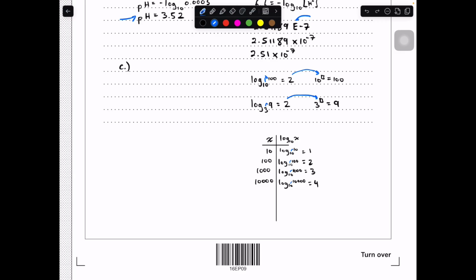If something has a pseudo pH of 2, and this has a pseudo pH of 3, it's not just 1.5 times as high. In terms of the original values, it's actually 10 times.